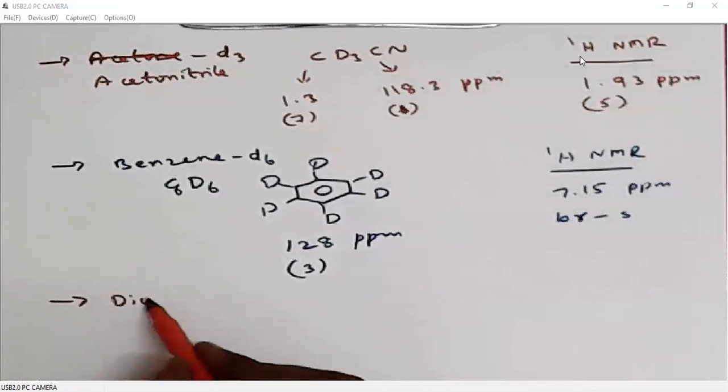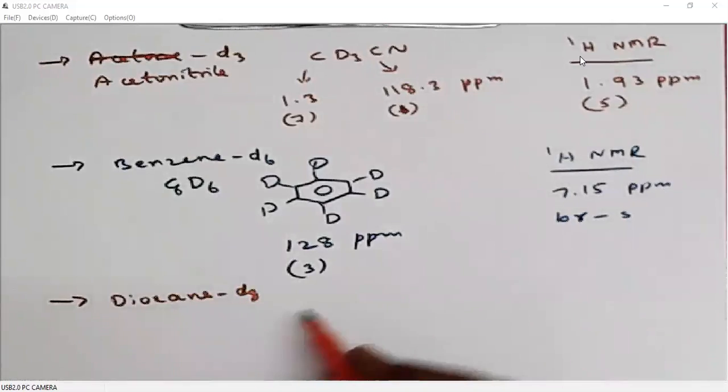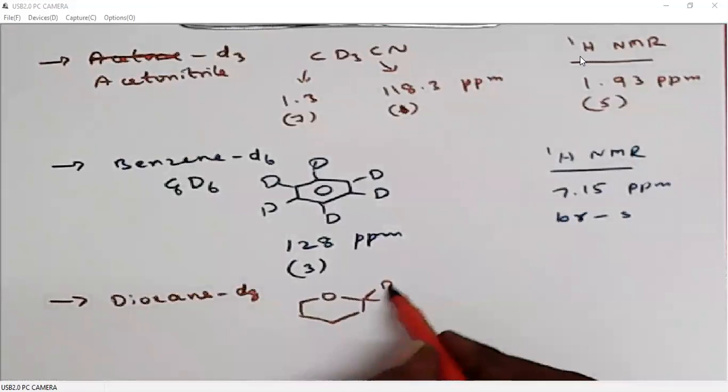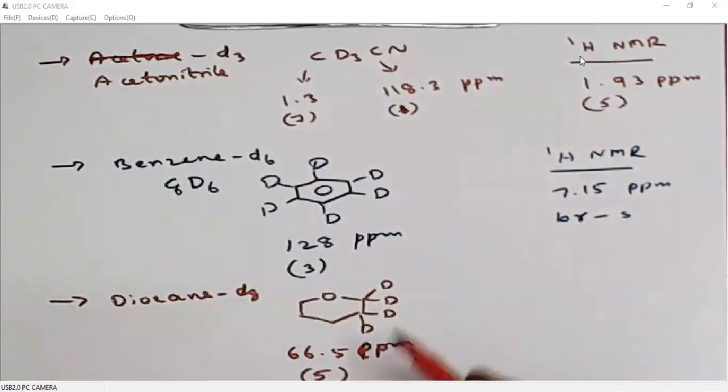Dioxane D8, where all the hydrogens are exchanged with deuterium, we expect a signal at 66.5 ppm with a multiplet of quintet because we have two deuterium atoms.